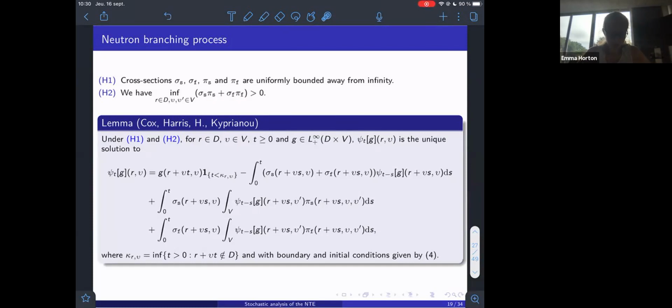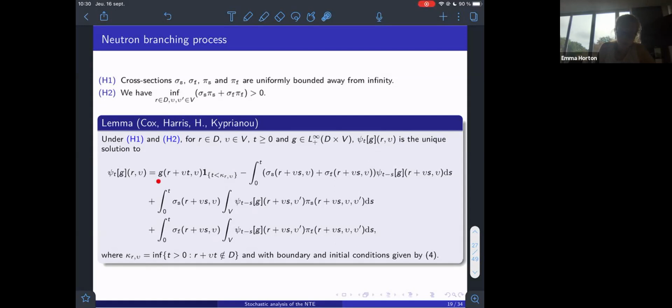And under these two conditions, I can show that the expectation semigroup that I defined on the previous slide satisfies this equation. Of course, it's a little bit different to the neutron transport equation, the backwards equation that I defined earlier, but there are similarities.